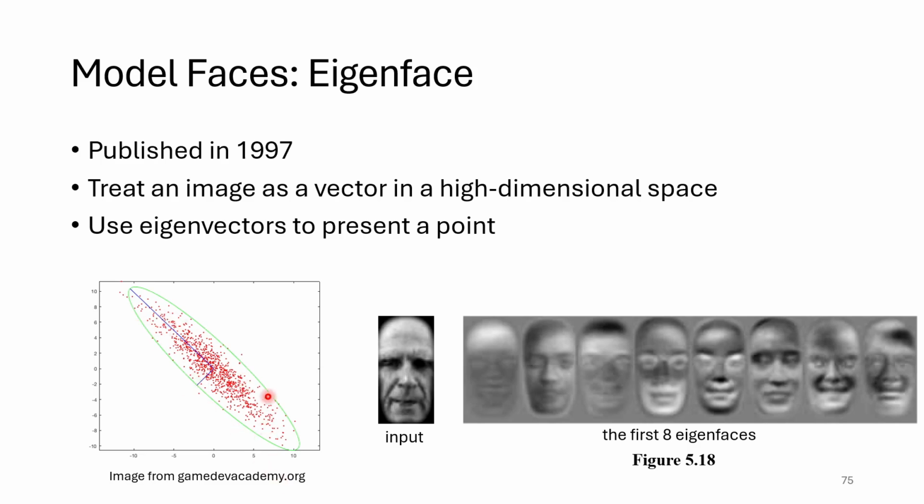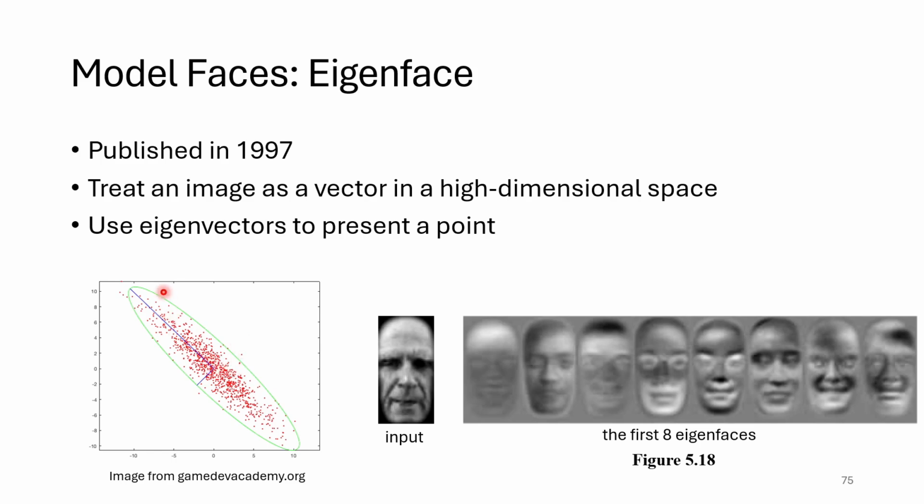However, this is just an illustration because this is a two-dimensional figure, and for an input image, the length of the vector is always several hundred. However, we can use principal component analysis. It means finding the most significant direction of this distribution.